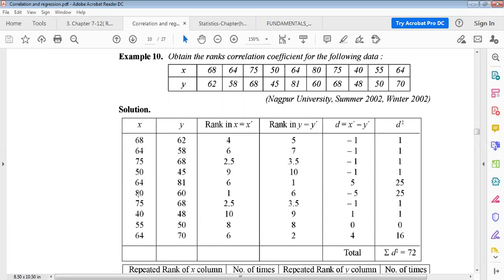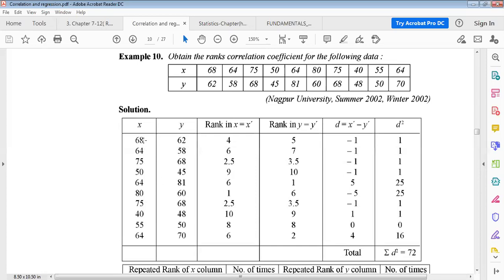So 2 plus 3 equals 5, total rank 5. We have to divide this rank between both of them, so the first 75 gets 2.5 and the second 75 gets 2.5.